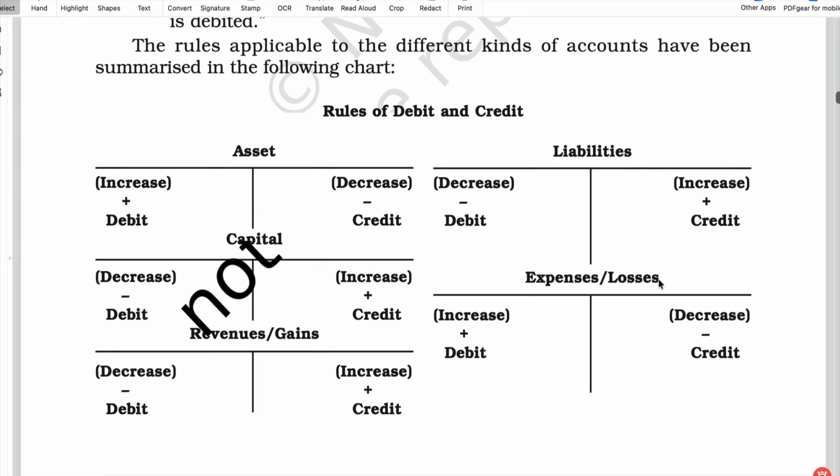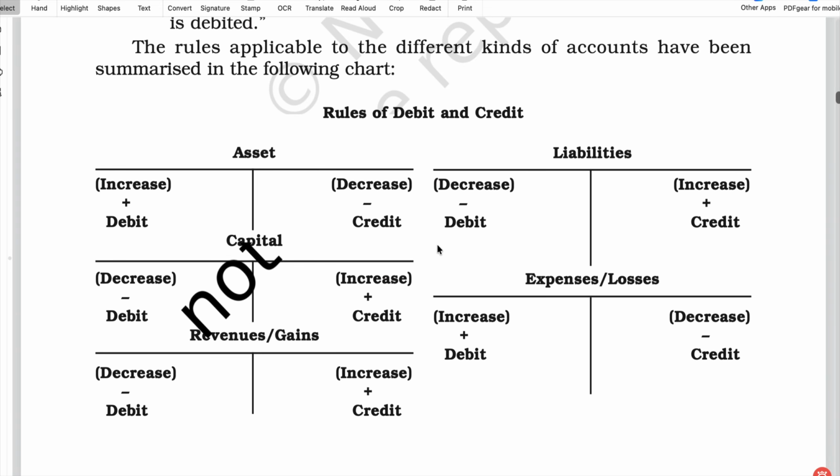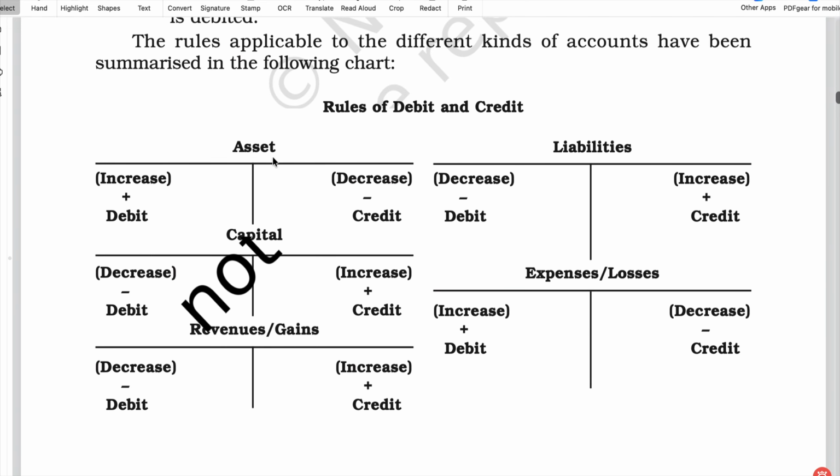Now let's move on to your textbook. So if you see, the rules of debit and credit is given here in a T account. So asset side, if the asset increases, it will be debited. If it decreases, it will be credited. Okay, and liabilities, if it increases, it will be credited.